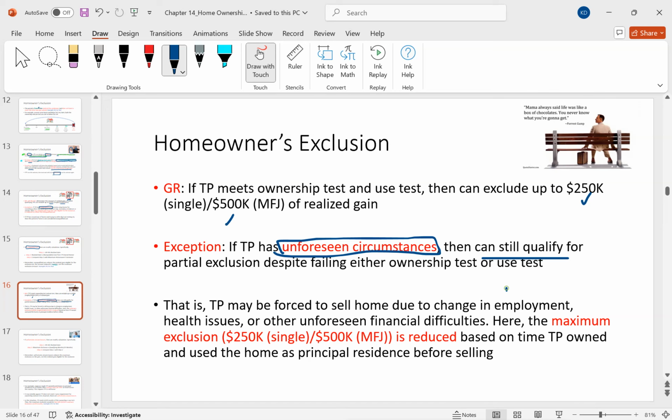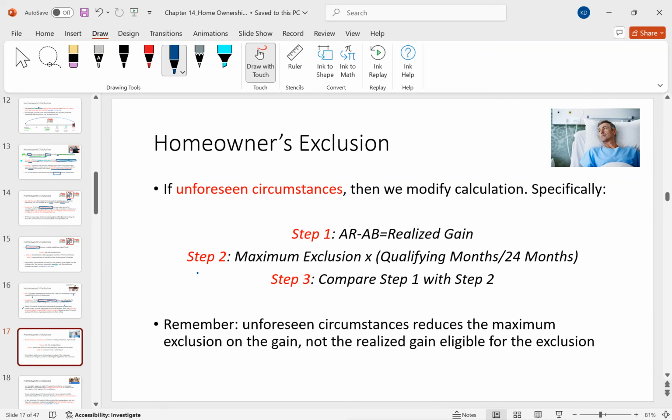Something like a change in employment or health issues or financial difficulties. What we do here is we basically let you partially get the exclusion based on how much time you lived in it, right? So maybe you had to sell the house because you got sick or you got a new job, right?